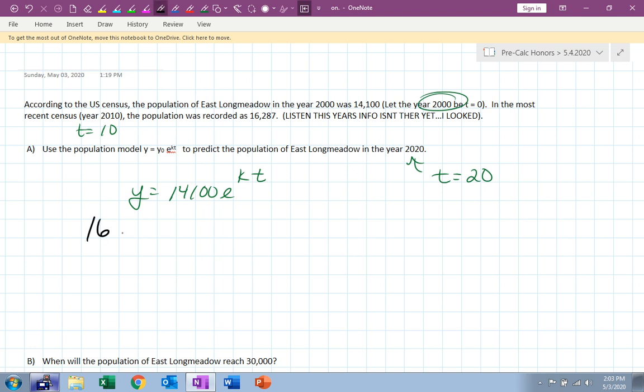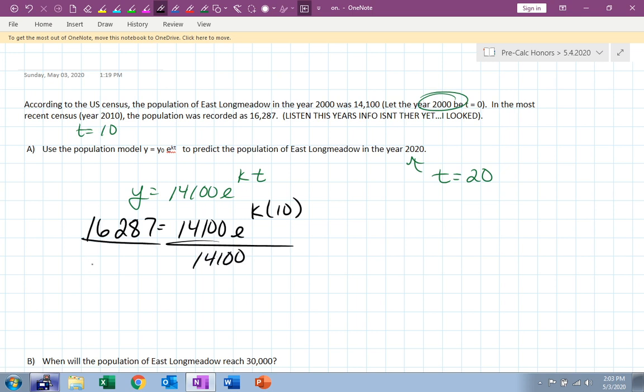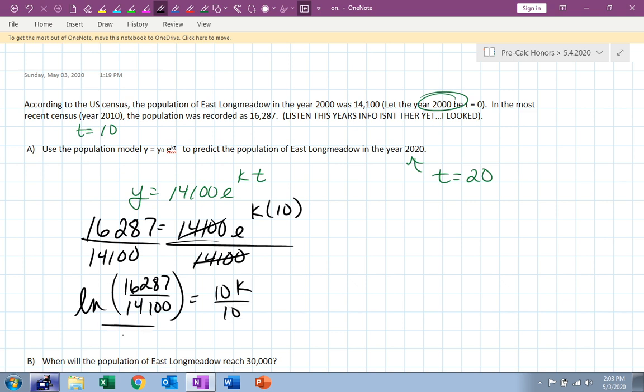So 16,287 equals 14,100 e to the k times 10. Divide both sides by that 14,100. And that's some kind of decimal, but I get the ln of 16,287 over 14,100 equals 10k, and divide both sides by 10.